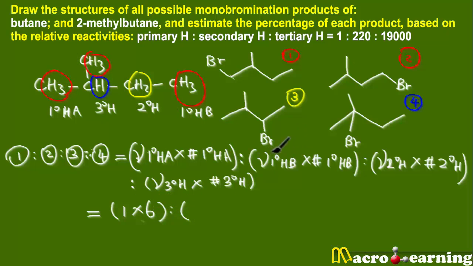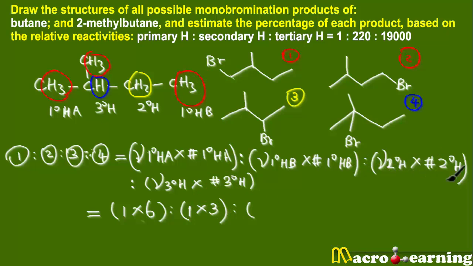Then the B-type primary hydrogen's reactivity. What is it? It's still 1 also, right? They lead to different products, but reactivity-wise, they were found to be the same as each other. So this one also being 1, and the number of this type of hydrogen is 3.